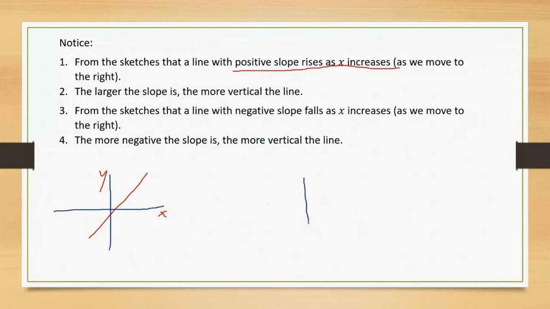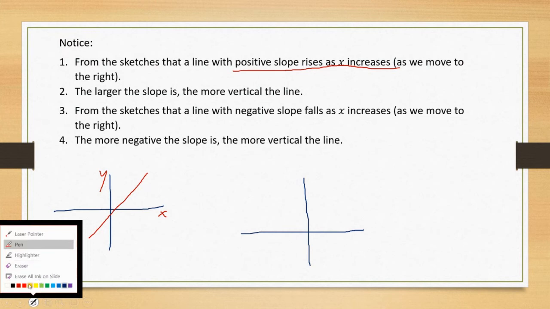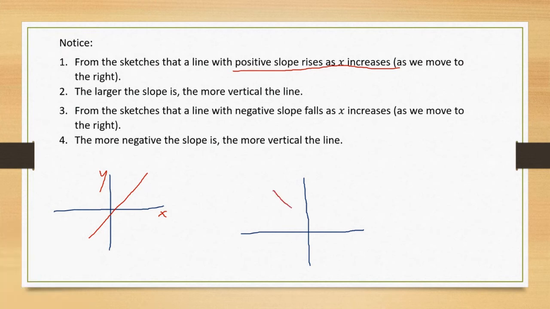Namely, if instead the slope is negative, what's going to happen here is that the line's going to fall. As you move to the right, that line is going down, pointing down to the right. And the more negative it is, the more vertical, the steeper the line is. So hopefully that makes sense.